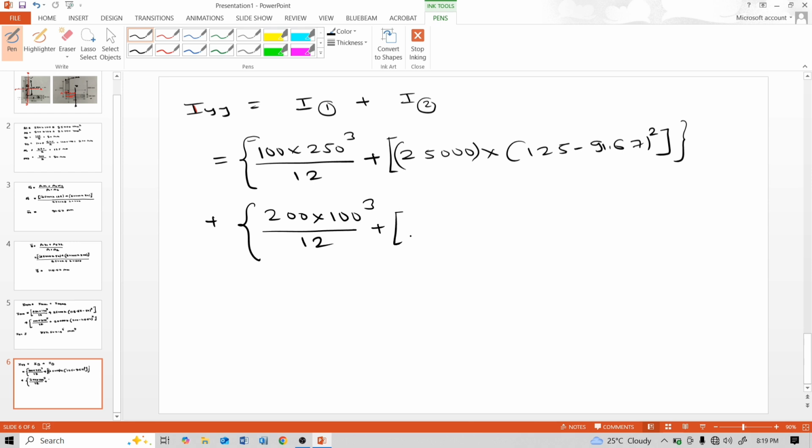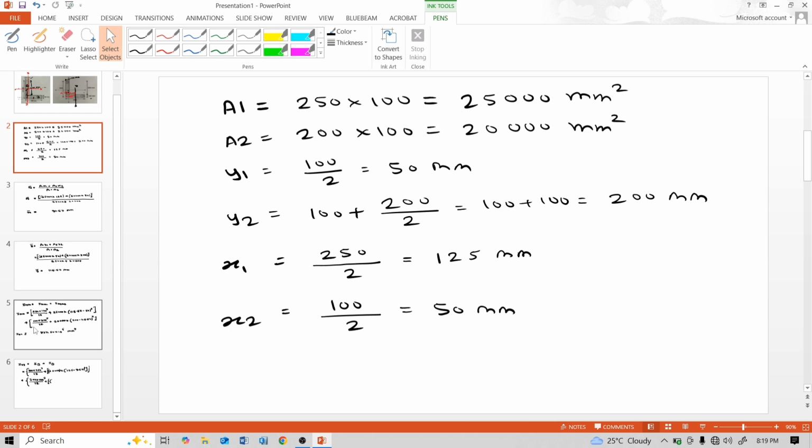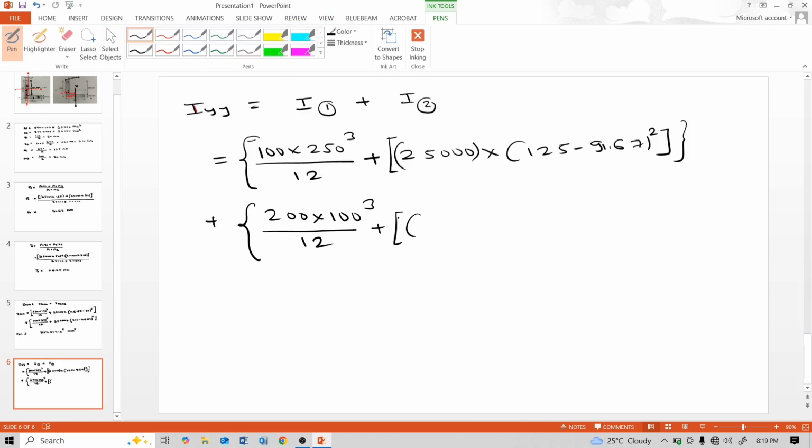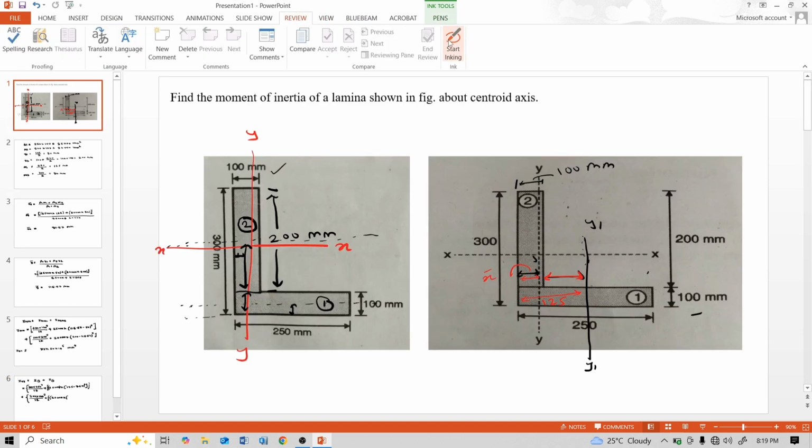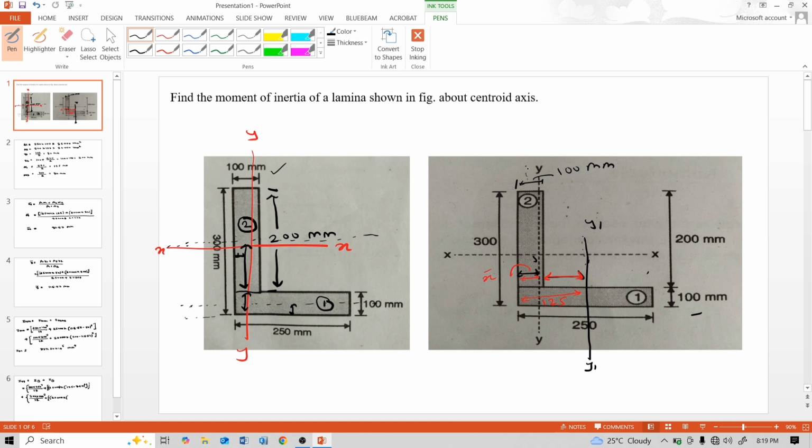Plus area of the second vertical rectangle, 20,000, multiplied by the square of the distance between the centroid of this second rectangle and the YY axis, that means x bar minus 100 by 2, this is 50 mm.